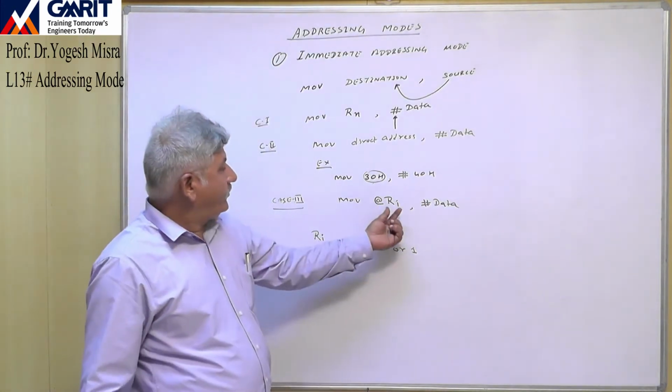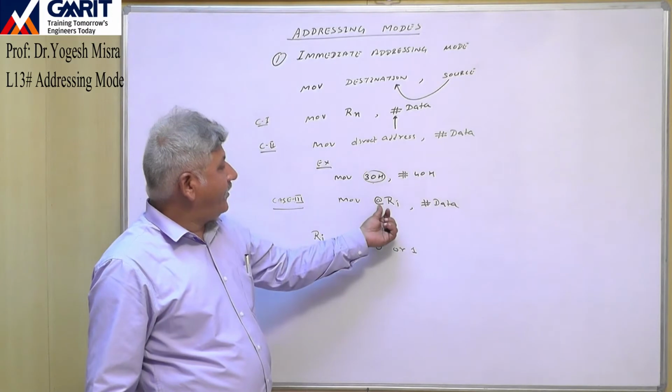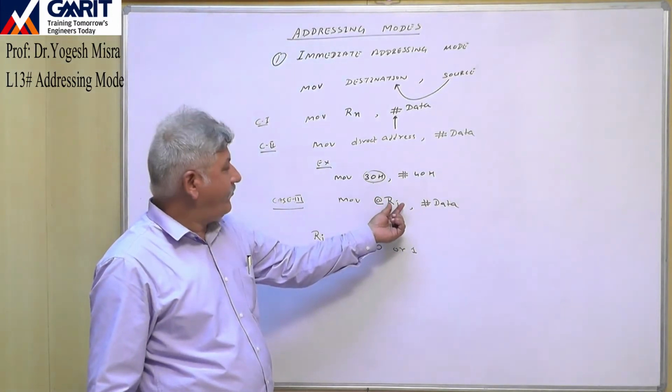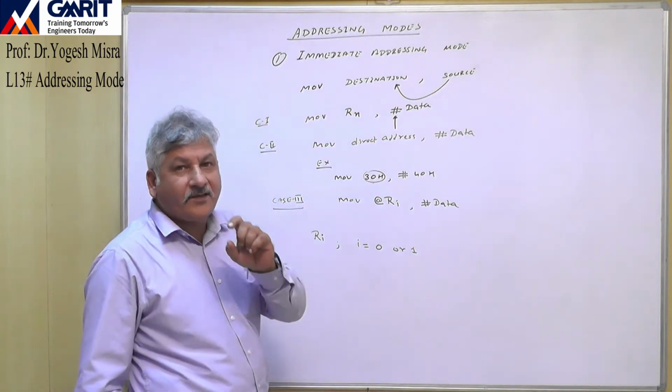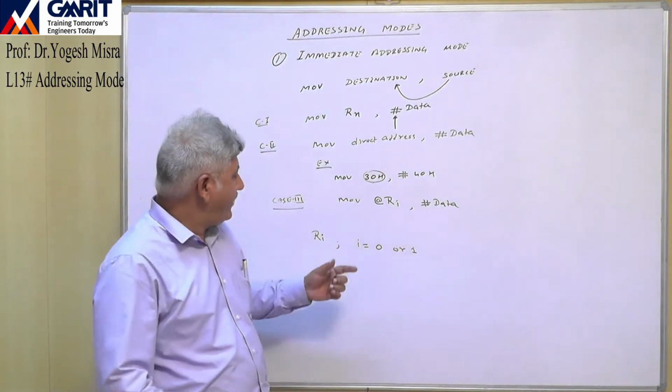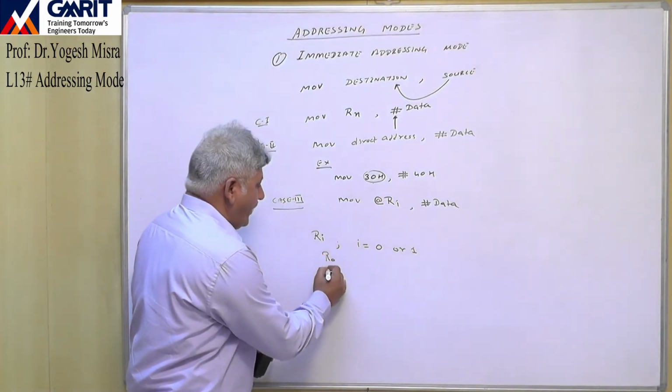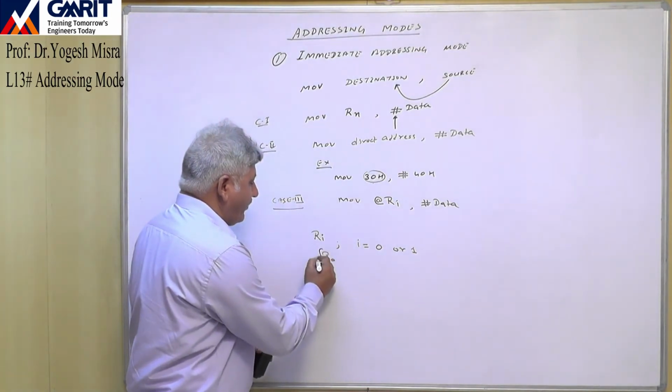So if we are using the @ symbol before this Ri, then we can use only 2 registers of the bank, and that is R0 and R1.